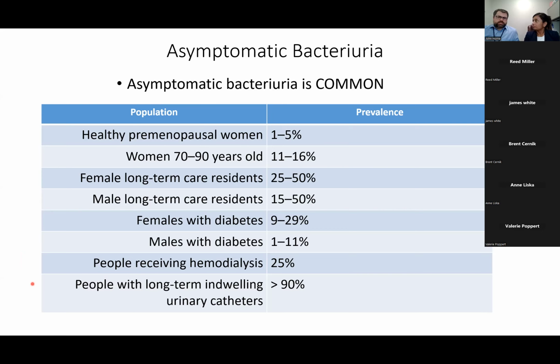So if a patient goes to the clinic or goes to the ER with something that's unrelated to any kind of urinary symptoms, we don't recommend checking the urine, because once you check it, it's like, well, what do I do with this positive result if something's growing from there? So we really only recommend checking with the intent to treat. If you say, I'm going to treat this patient if they have something in the urine, or I want to know what it is, then you would check it.